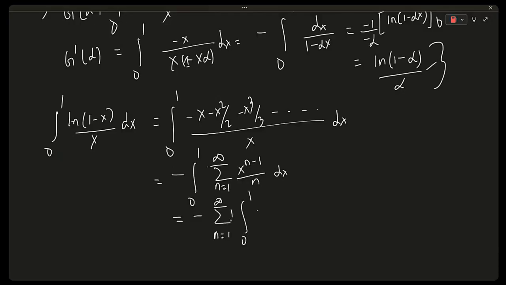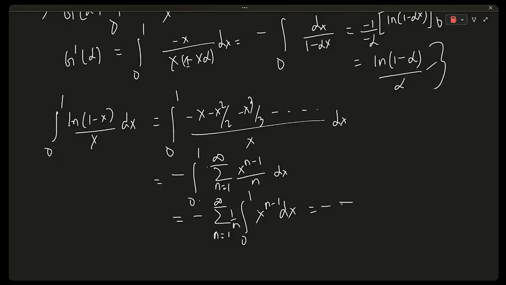We can simply take everything which is not a part of the integration outside, and this is the integration of the summations, which is the same as summation of integrations, because integrations can be written as summations as well.